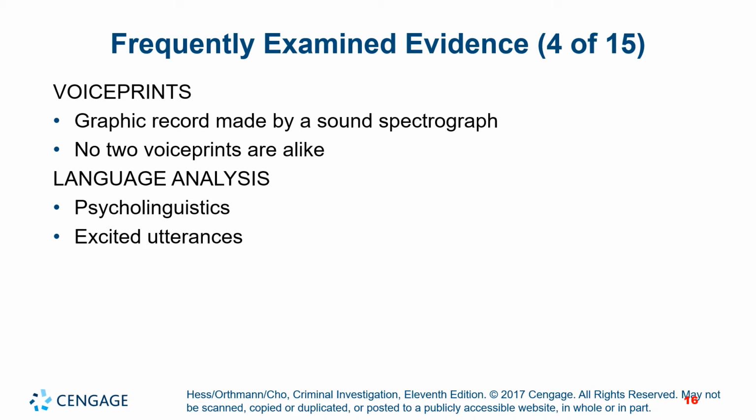One piece of language analysis is that an excited utterance made by persons at a crime scene can, upon analysis, reveal the speaker's state of mind and may be admitted into testimony even if the person themselves does not testify in court. To qualify for this exception to the hearsay rule, the victim or witness must have seen an exciting or startling event and made the statement while still under the stress of the event.